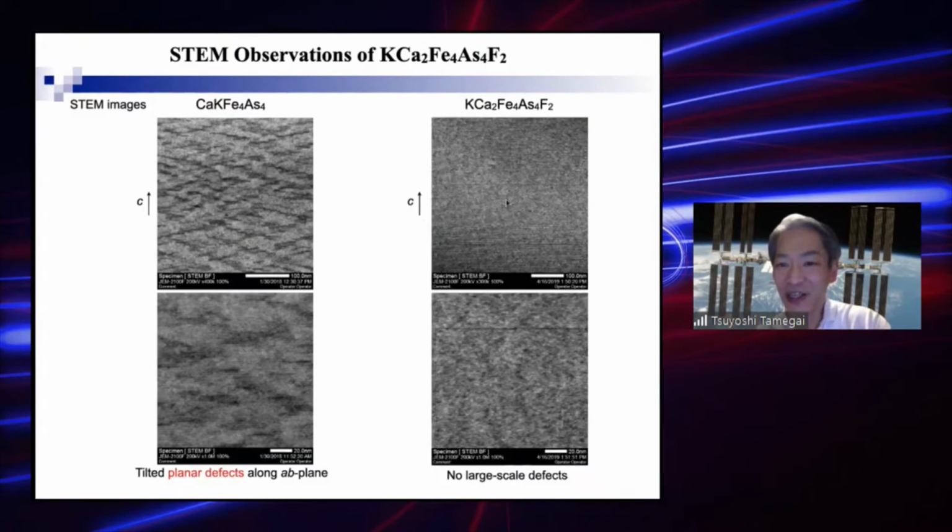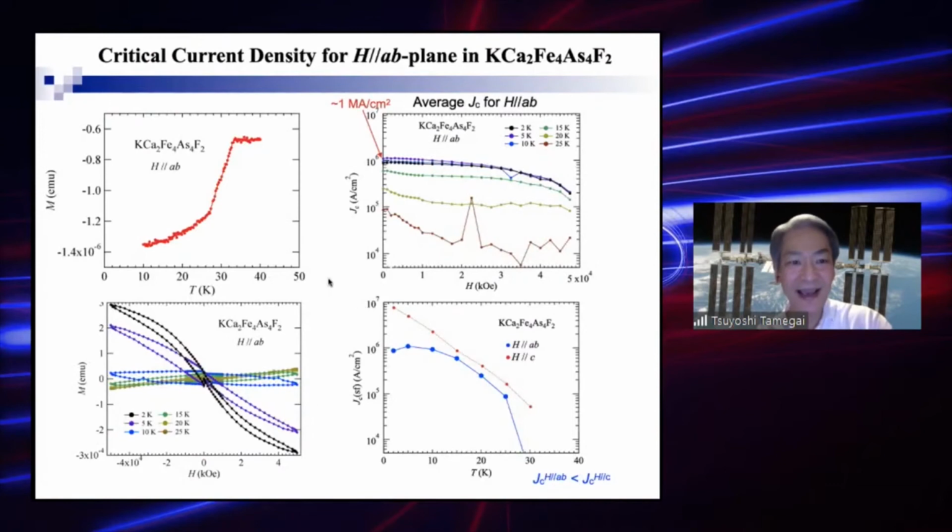But in the case of 12442, although Jc is very high, we don't have any visible defects seen from the a-axis. Maybe the defect is much smaller, atomic size in this case. And of course, we inspect in the case of H parallel to ab, but in this case, the ab Jc is smaller than the H parallel to c Jc, in contrast to the 1144 system.